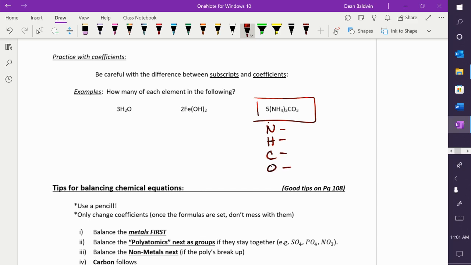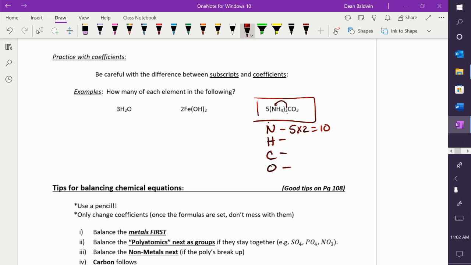How many nitrogens are there? 10. This 2 applies to the nitrogen, but you have 5 of these molecules. So it's 5 times 2. You have 10 nitrogen atoms.